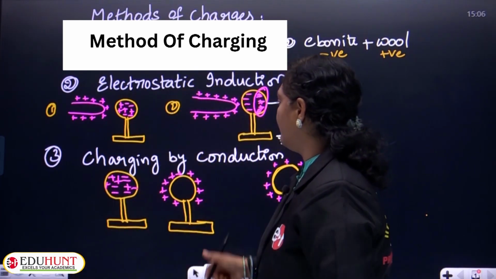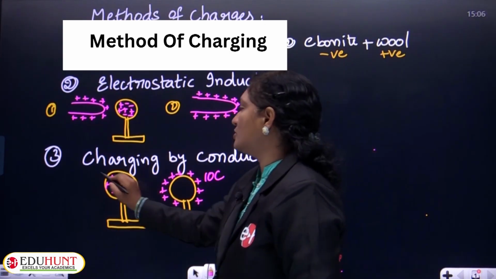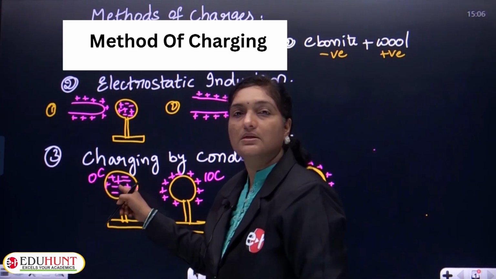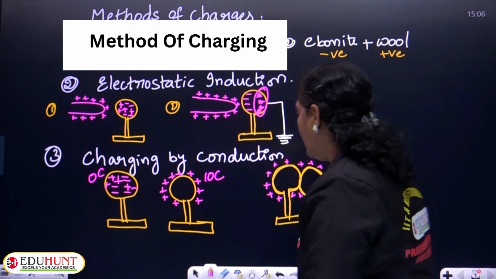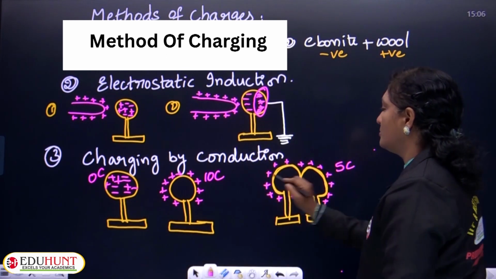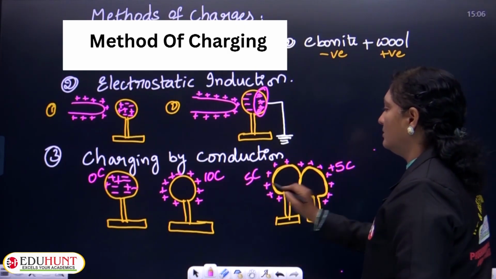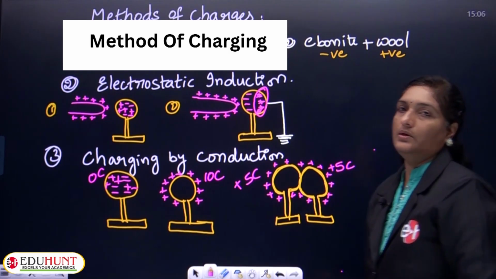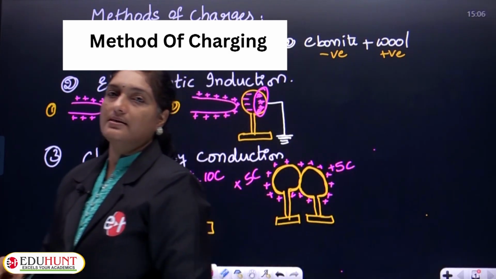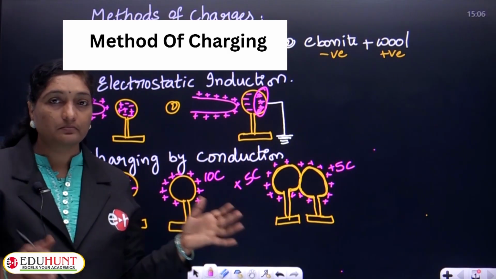For example, if 10 coulomb of charge is taken in one conductor and 0 coulomb in the other because it is a neutral or uncharged body, when they are kept in contact, the charge is distributed equally among the two, such that 5 coulomb and 5 coulomb, and so on. So, this method is called charging by conduction.